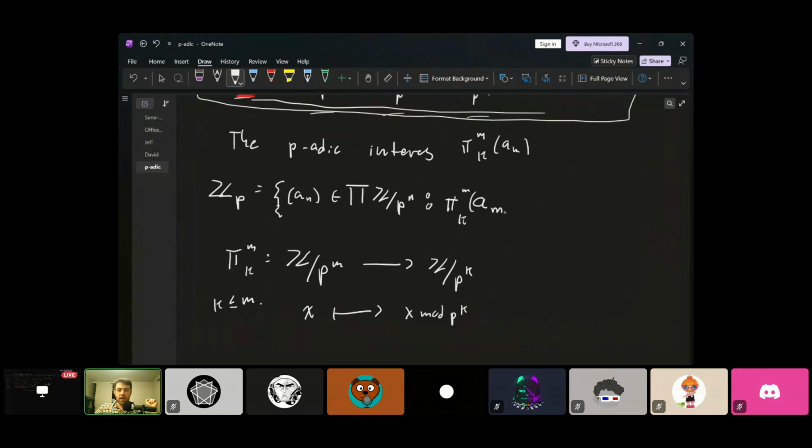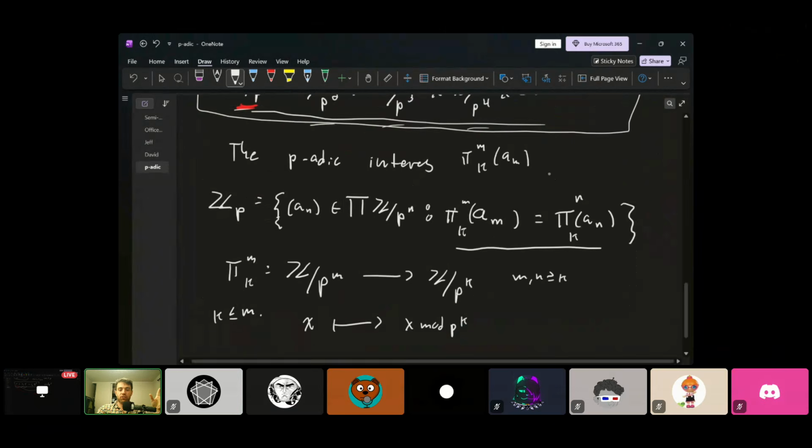And so we demand that these maps are compatible. For any m and n bigger than k, the m and n entries both project down to the same kth entry. Maybe that seems a little fancy and weird.